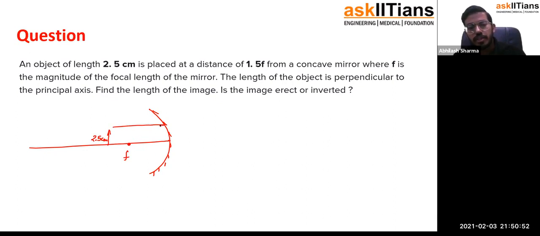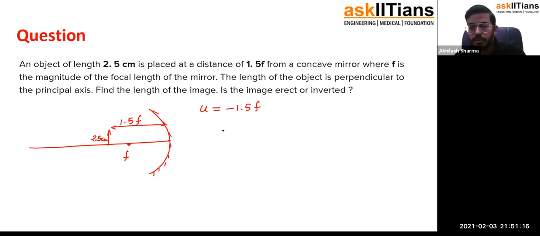So our object distance is 1.5 f. You can write at the start of the question, u is to the left, so negative 1.5 f. It's a concave mirror, so focal length is also negative. The length of the object is perpendicular. Find the length of the image.